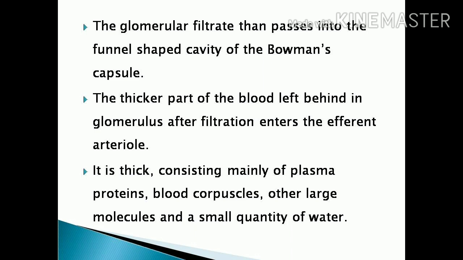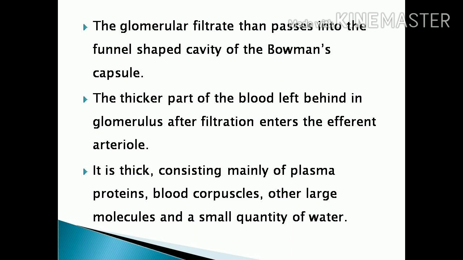And why is it thick? Because it contains only blood corpuscles, proteins and other large molecules, and also a small quantity of water. Almost all the liquid part is filtered out, so whatever large molecules and thick parts are there are left behind.